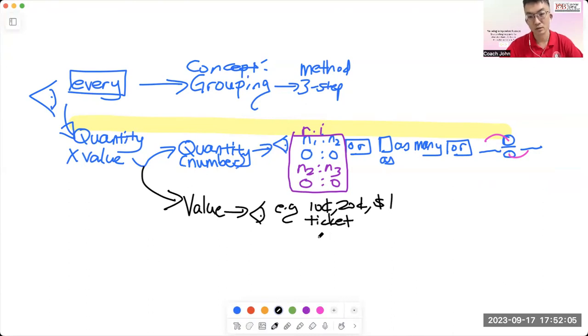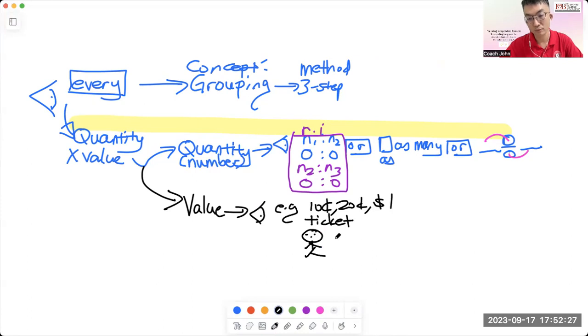Or you can see, say, a person, let's say a boy or girl, holding 2 flowers. So every boy has 2 flowers, every girl has 3 flowers, every teacher has 10 flowers because it's Teacher's Day.